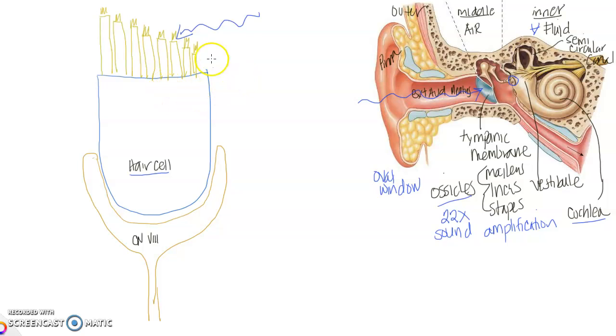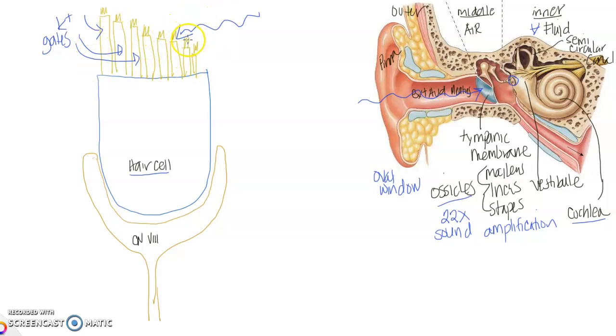When that happens, it opens some gates. On these hair cells are potassium gates. I know that seems backwards; you'd think it would be sodium, but it is potassium gates, because remember, we're not in a regular place.